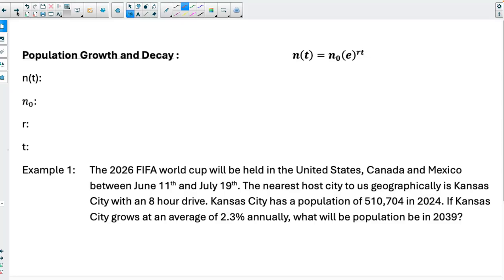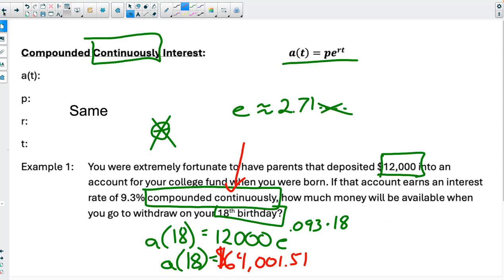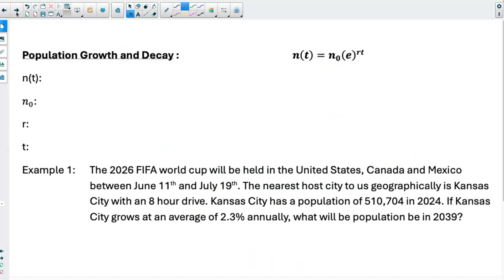This formula, N sub 0, is the initial population. So it's just dealing with population, but they're the same exact formula, just different letters. We switch those letters so it's more representative of population. So it cues your brain that you're talking about creatures or humans or something else instead of money, because all the other problems deal with money.